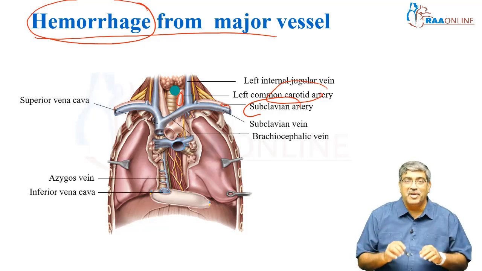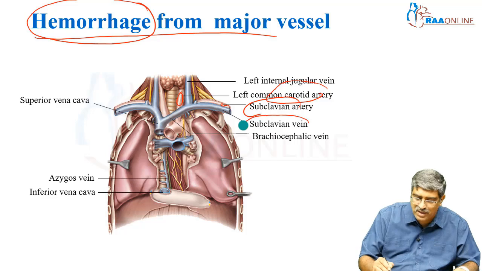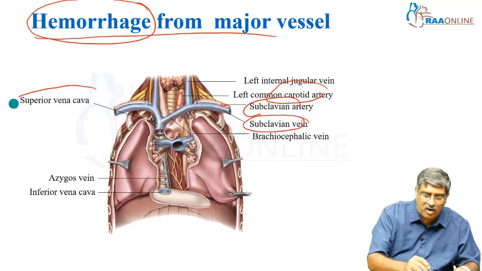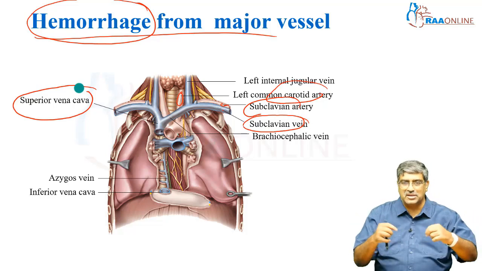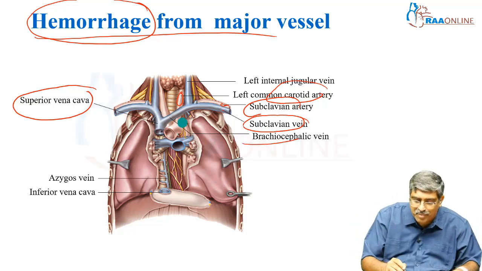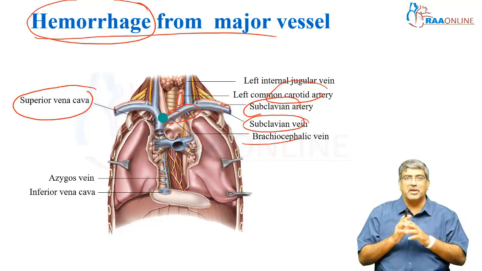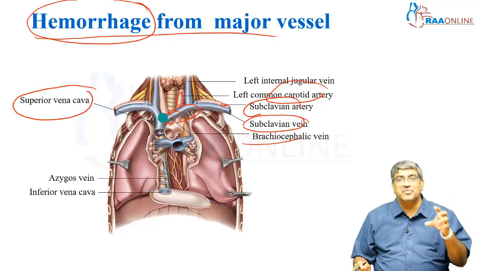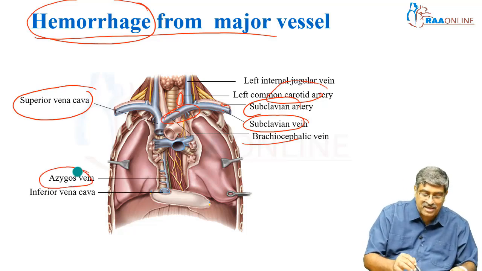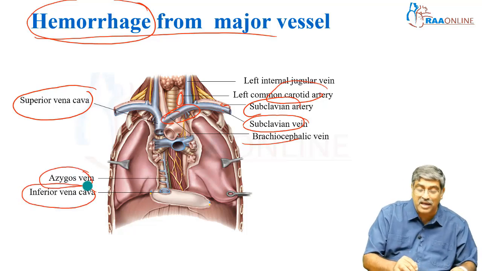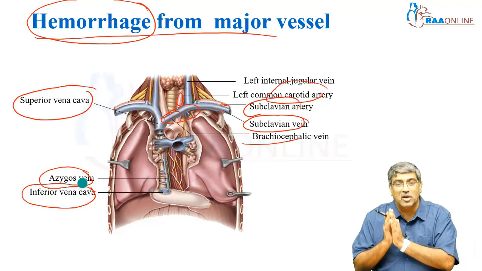Coming to the venous system, you might involve the subclavian vein or the superior vena cava, which is formed by the junction of the internal jugular and the subclavian vein, or the brachiocephalic vein, the left brachiocephalic vein. Other veins which might be injured at the lower end of the thoracic cavity include the azygos vein, and inferior vena caval damage can also happen with thoracic surgery.